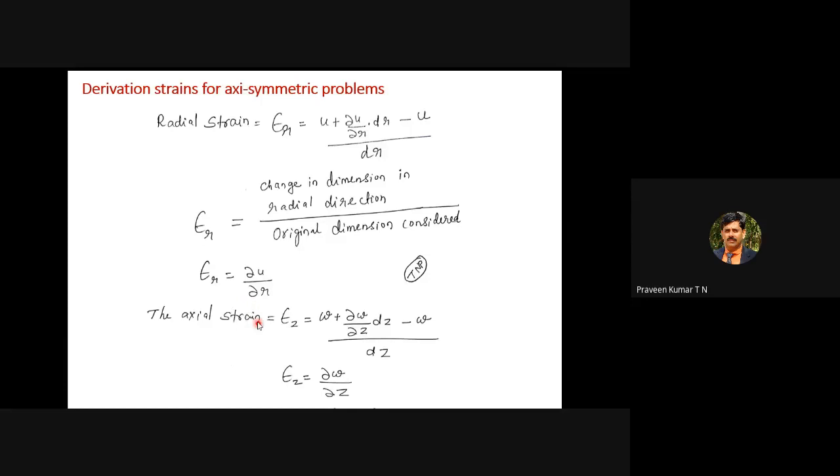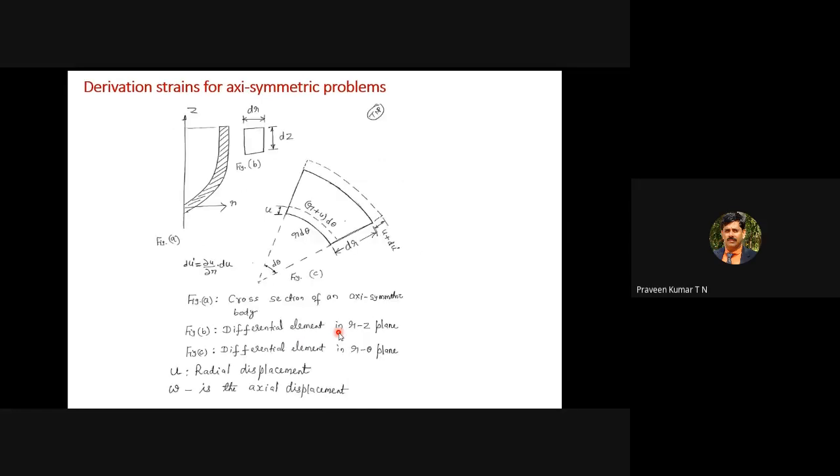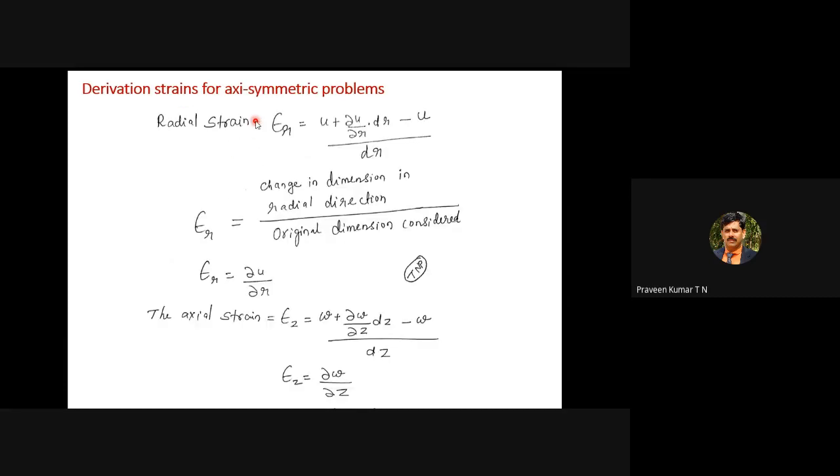The axial strain is given by epsilon z. Epsilon z is the change in dimension about one point minus the change in dimension about the other point. Imagine this is one point, and this is one more. Same thing is shown here.